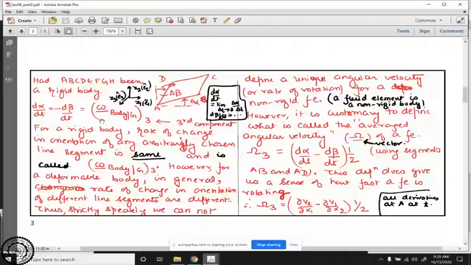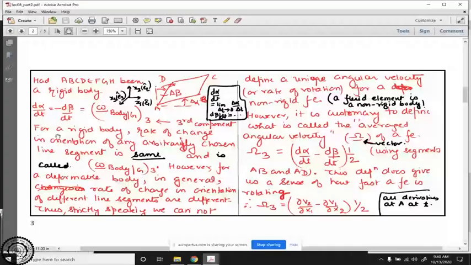And that is precisely what is called the angular velocity of a body, the third component of the angular velocity of this rigid body with respect to the ground frame. Of course, angular velocity is a vector, but the third component will be defined precisely like this, d alpha dt or minus d beta dt.